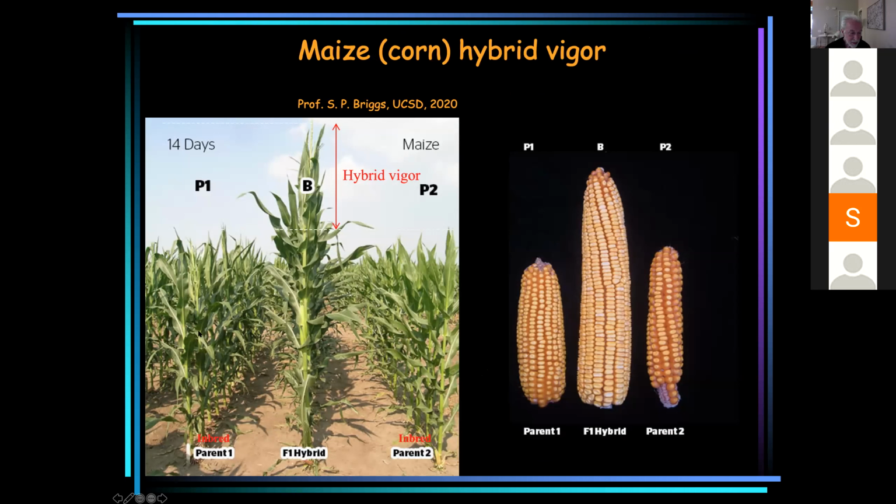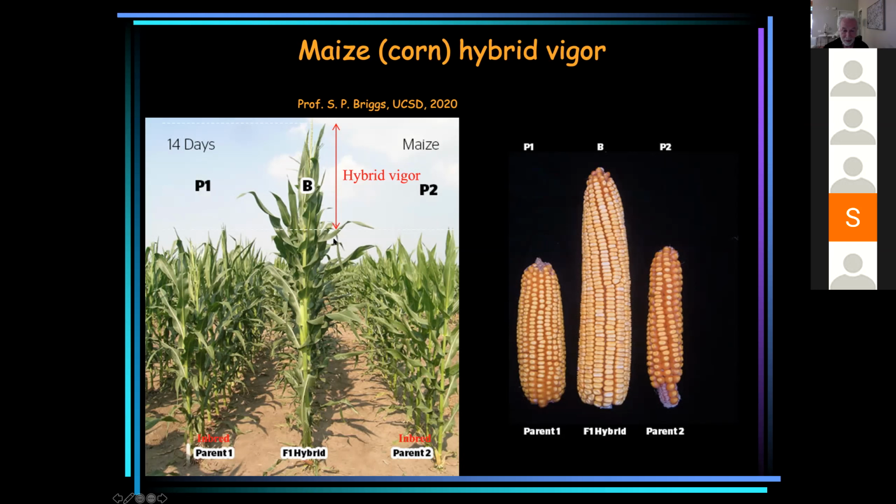The plants to the far left are inbred, suffering from inbreeding depression. Plants on the right, same, it's a second inbred, suffering from inbreeding depression. When those two parents are crossed, you get what you see in the middle, this very big, vigorous plant.